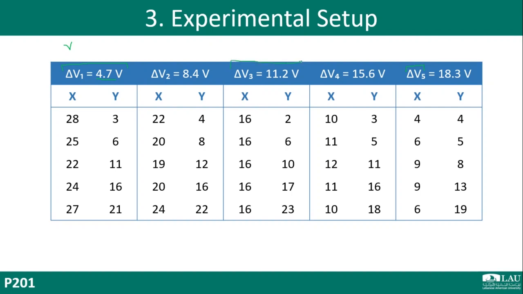Delta V3 is the potential difference between the points at the straight line, the one at the middle, and the positive charge. So theoretically, it should be around 10 volts because the applied potential difference is 20. Because it's experimental, we have what we call sources of error. In this case, the line is a bit shifted.